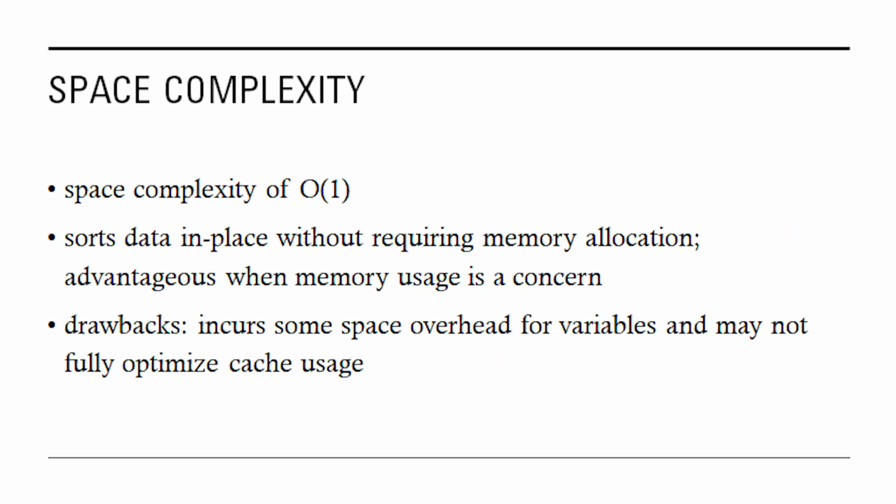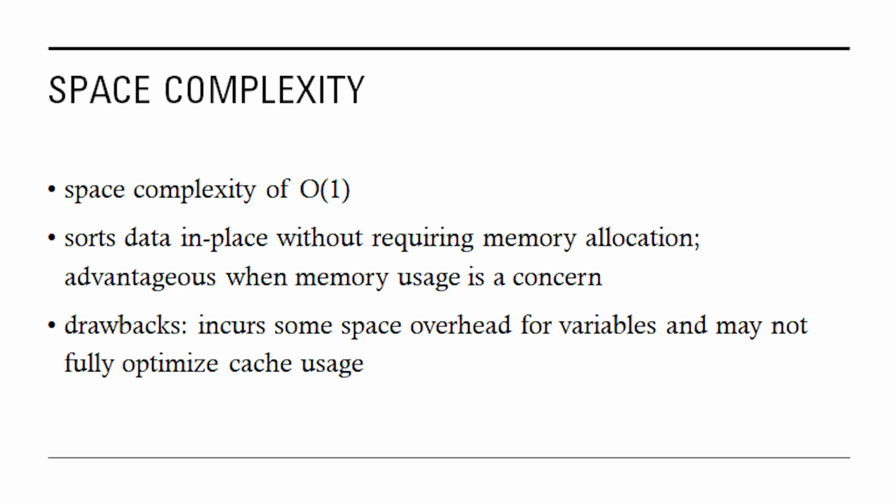Next, for space complexity, it has a space complexity of O(1), meaning it sorts the data in place without requiring additional memory allocation for data structures like arrays or linked lists. And this is advantageous when memory usage is a concern.